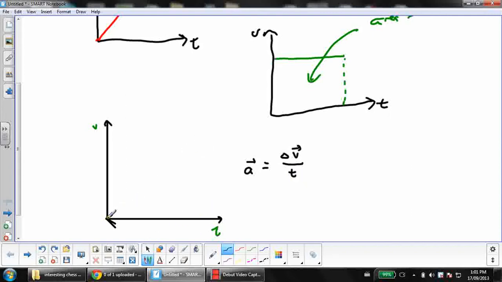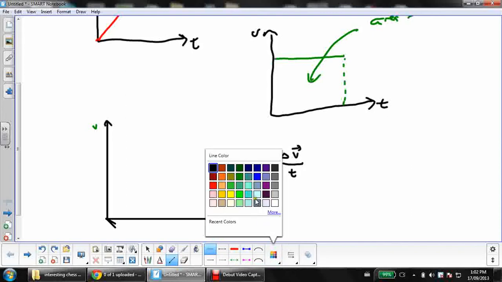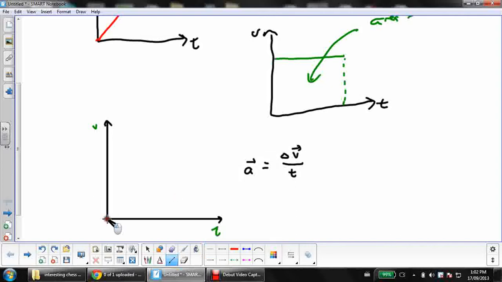So if I have a graph that looks like that, and I'm interested in finding the acceleration here, it would seem as though I need to subtract the change in the y, delta v, from the change in the x.